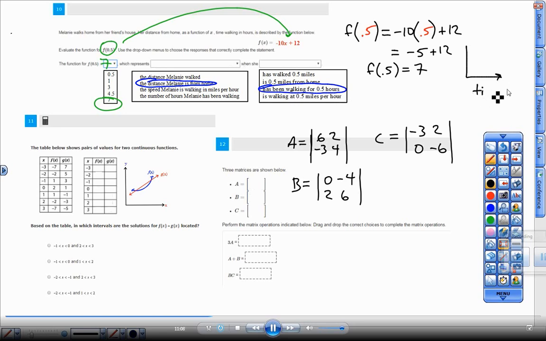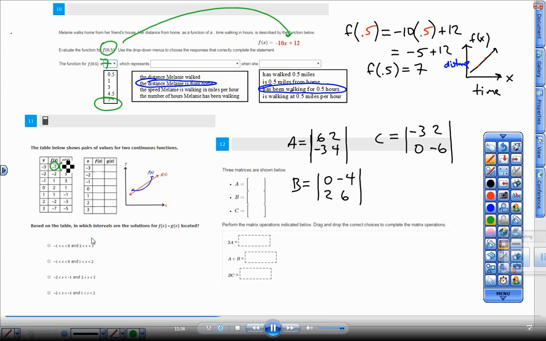So remember, again, this would be time, my x value, my independent variable, my y value, f of x value would be my distance. I control my time. When I plug it in, the equation spits out distance. So distance is a function of time, or distance depends on time. So again, know that principle.